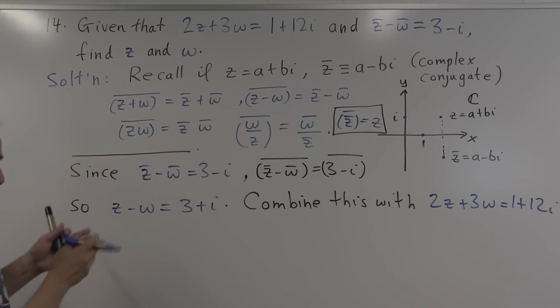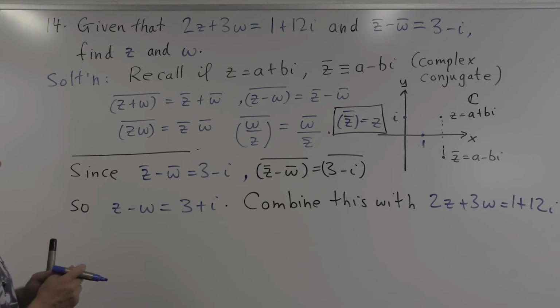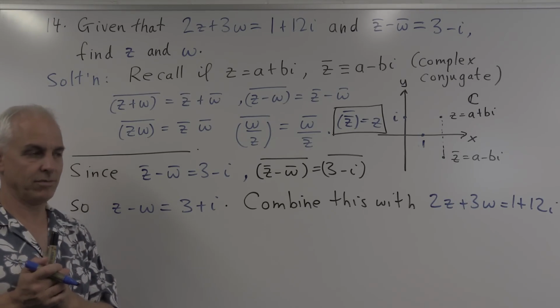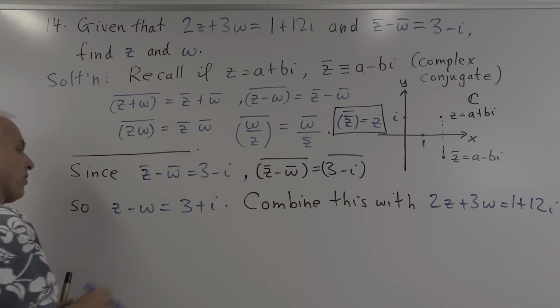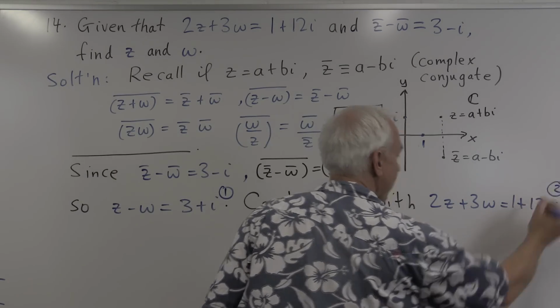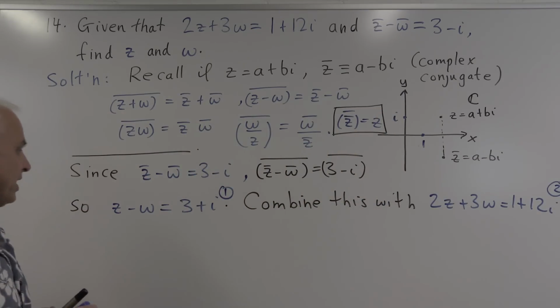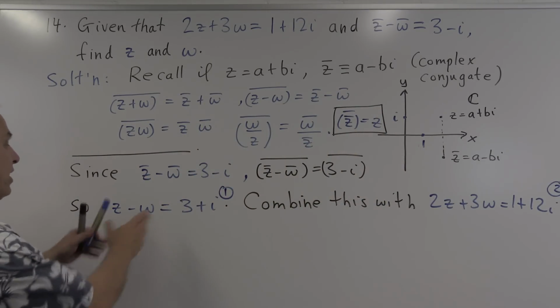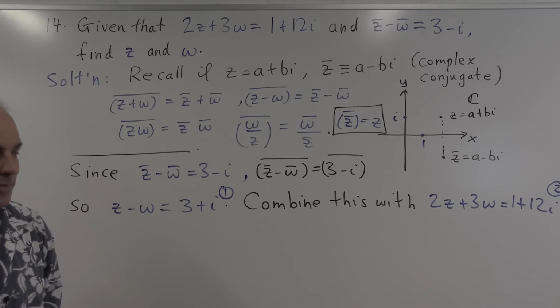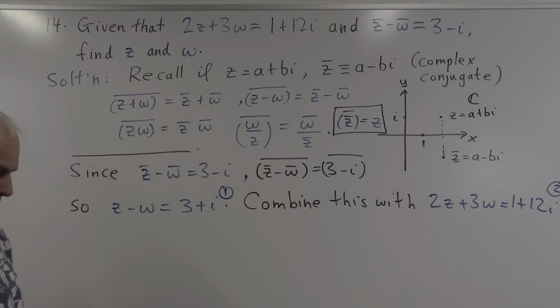The idea is that we make some manipulations to eliminate one of the variables. If we call this equation 1, and this equation 2, then we can multiply equation 1 by 3 and add it to equation 2. That will get rid of the w terms.